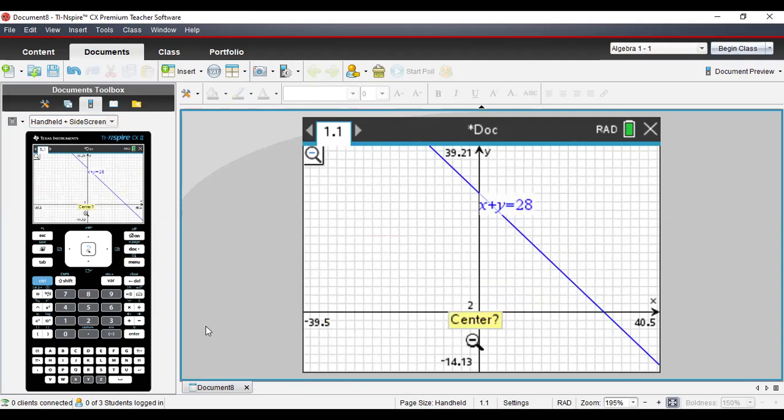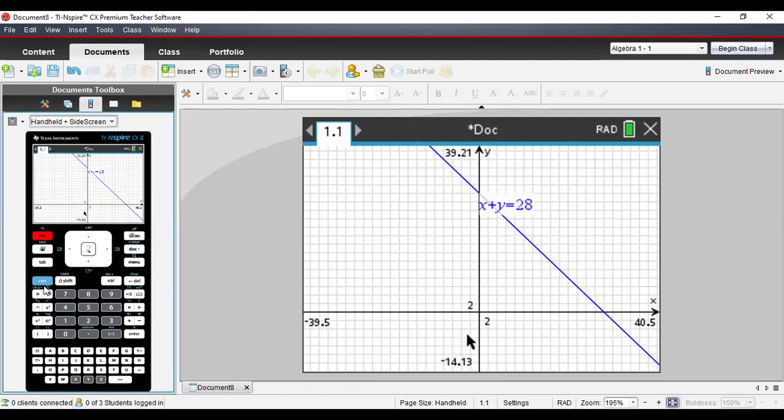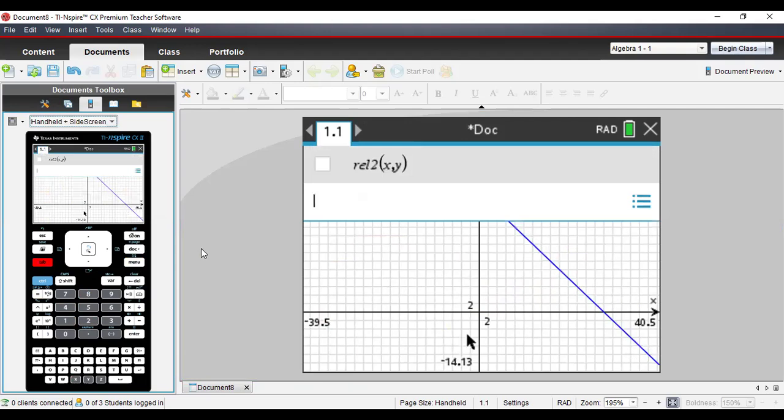From here I'm going to press tab and enter the second equation, the one that has the dollars in it. This is 0.05 times x plus 0.25 times y equals 4, because the monetary value of the nickels plus the monetary value of the quarters should equal $4.